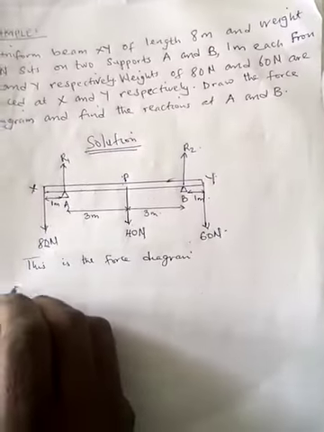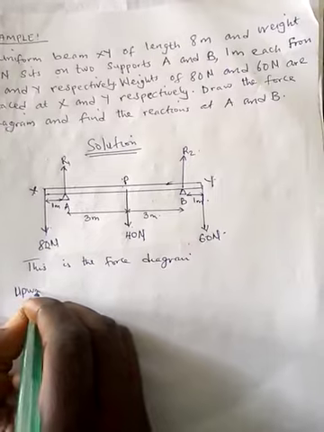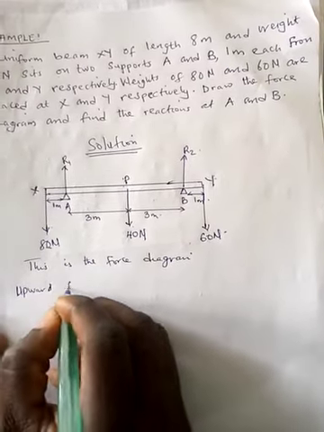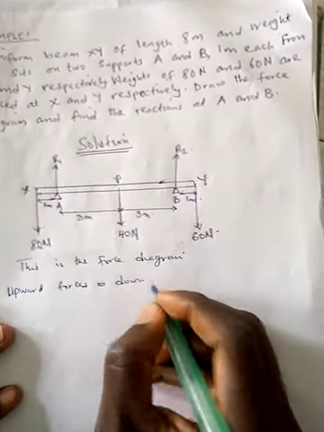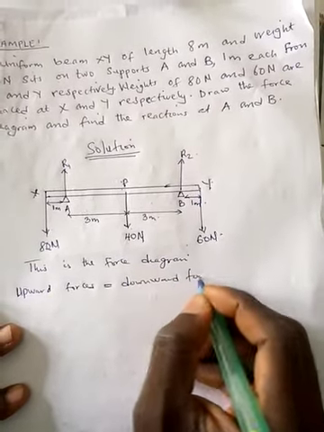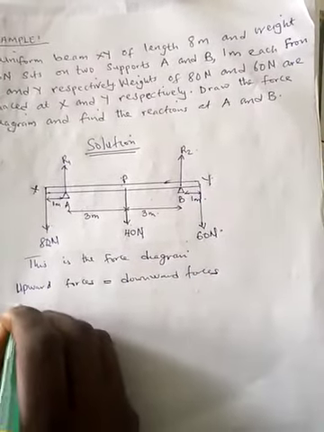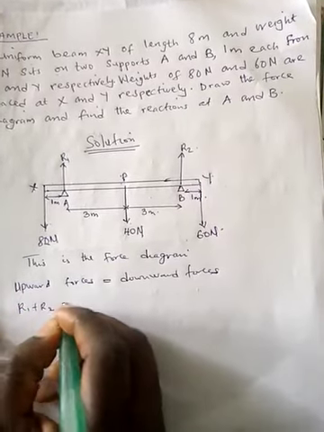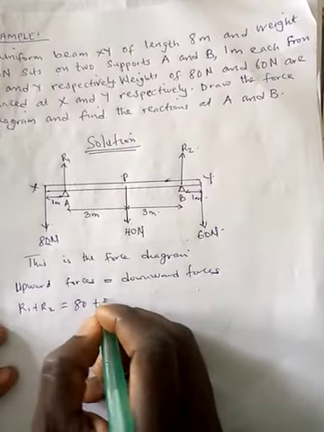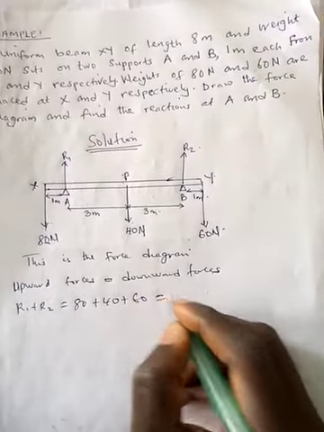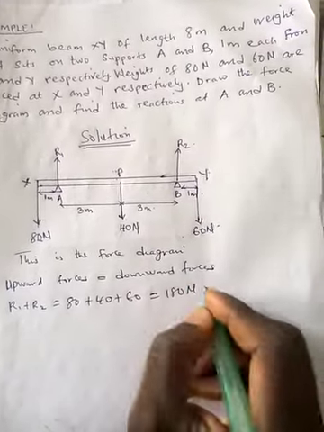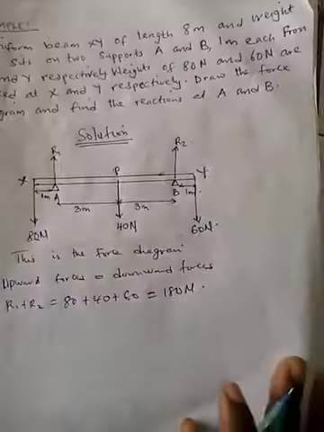So therefore, upward forces equal downward forces. So we have R1 plus R2 equals 18 plus 40 plus 60. That's going to give us 118 newtons.